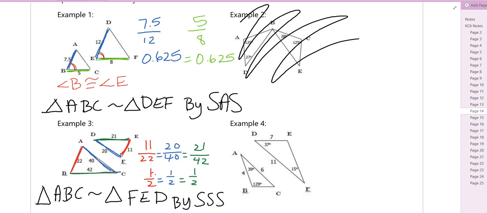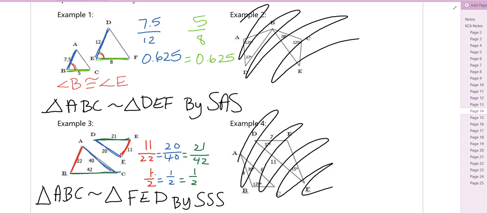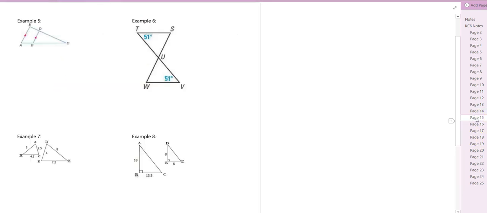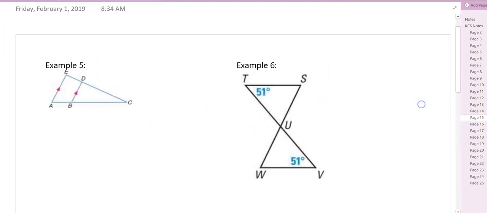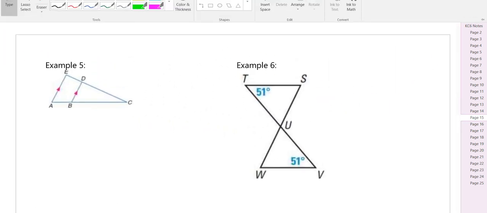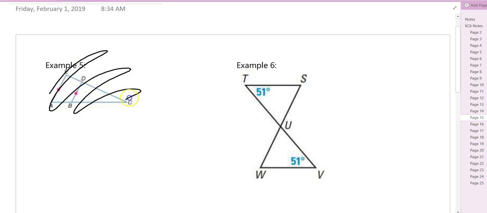All right, looking at example number 4, I'm actually going to skip this one, so you can go ahead and cross that one off and flip it over to the next page, which brings us to example number 5 that I'm also going to skip because I don't want to do it. So we're not going to do example number 5, but we are going to do example number 6. I don't have all three sides labeled.